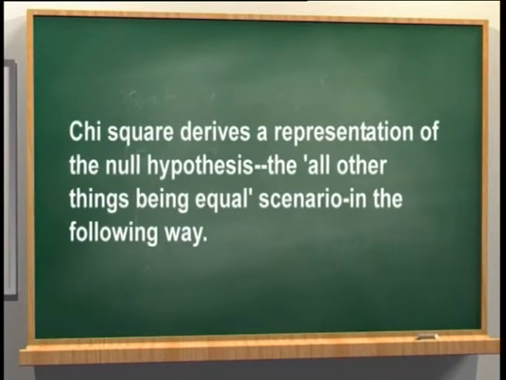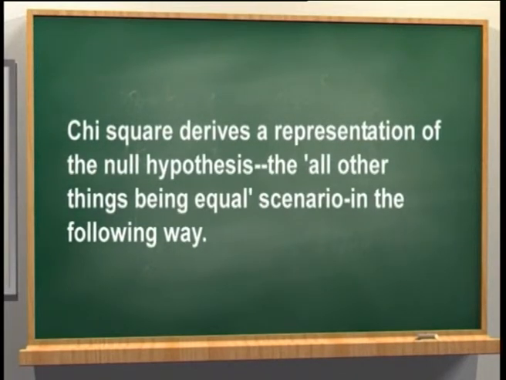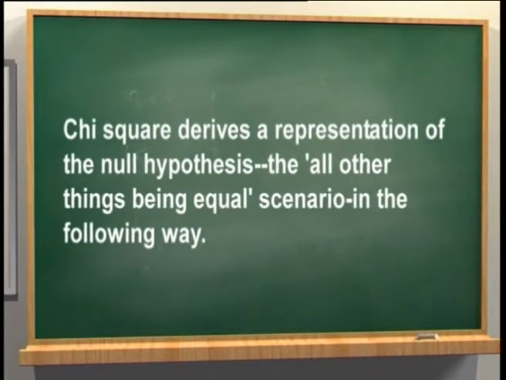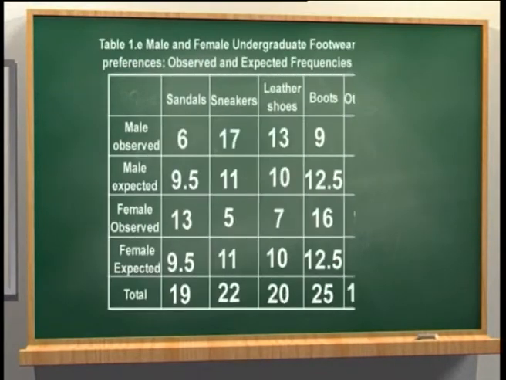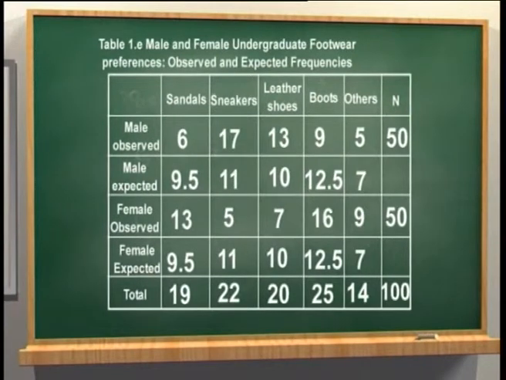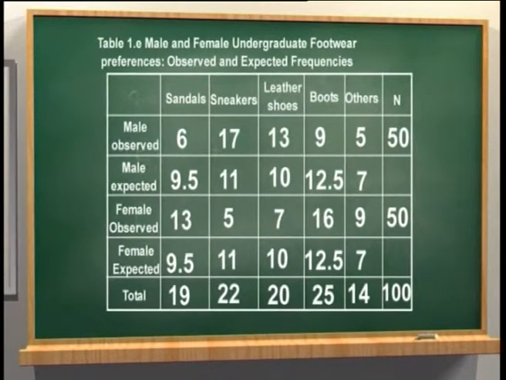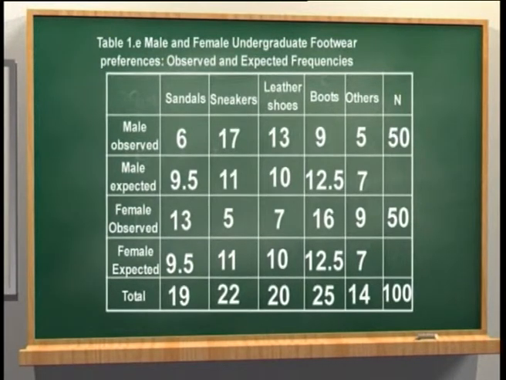Chi-square derives a representation of the null hypothesis, the all-other-things-being-equal scenario, in the following way. The expected frequency in each cell is the product of that cell's row total multiplied by that cell's column total, divided by the sum total of all observations.